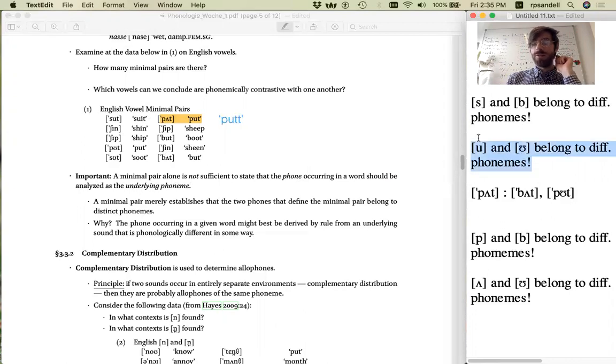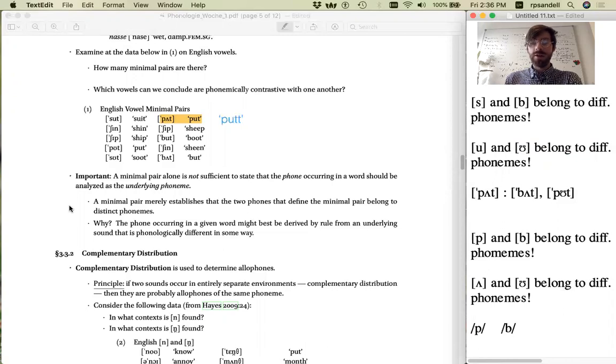So the fact that we've found, for instance, put and but, that doesn't tell us automatically that there should be underlying contrastive sounds in English, p and b, which we would represent between slashes in this way. Finding a minimal pair merely establishes that the two phones that define the minimal pair belong to different phonemes, as I've been writing over here.